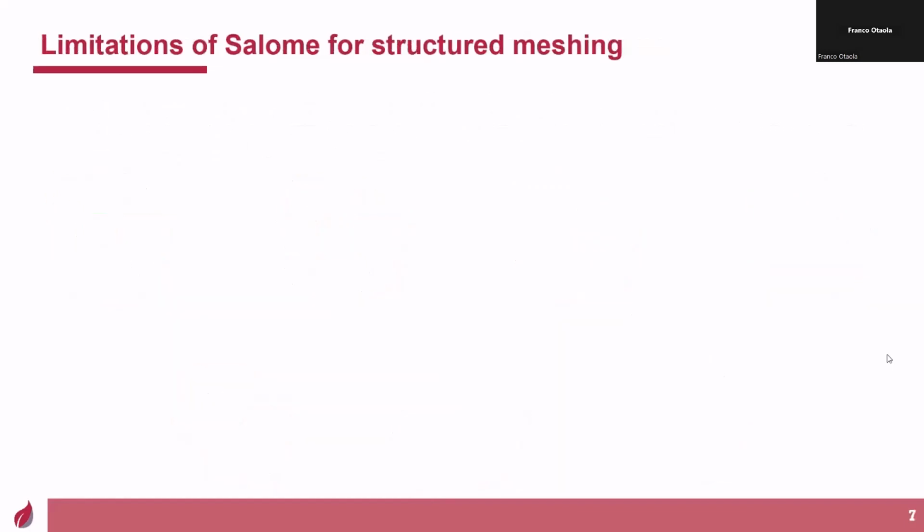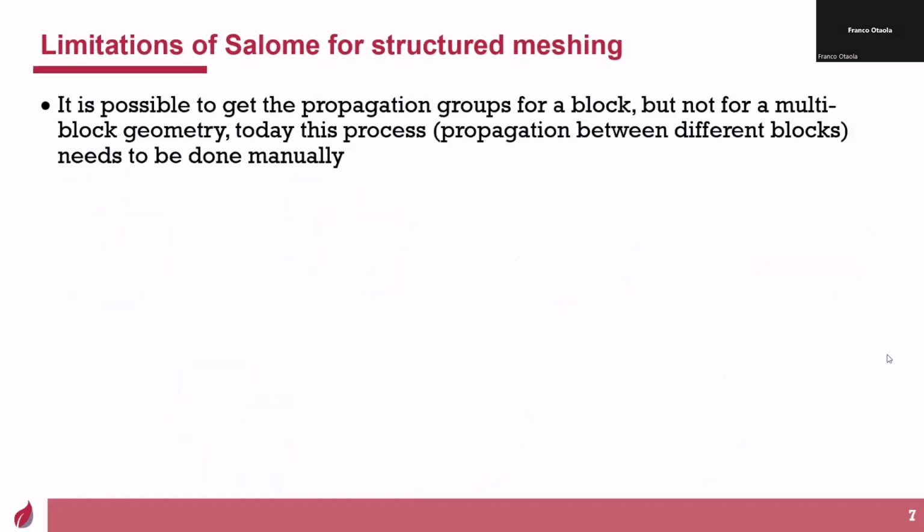The current limitation of Salome for this type of meshing is that the propagation groups are limited to each block separately and not to the geometry. So if we have several blocks, they do not communicate with each other.